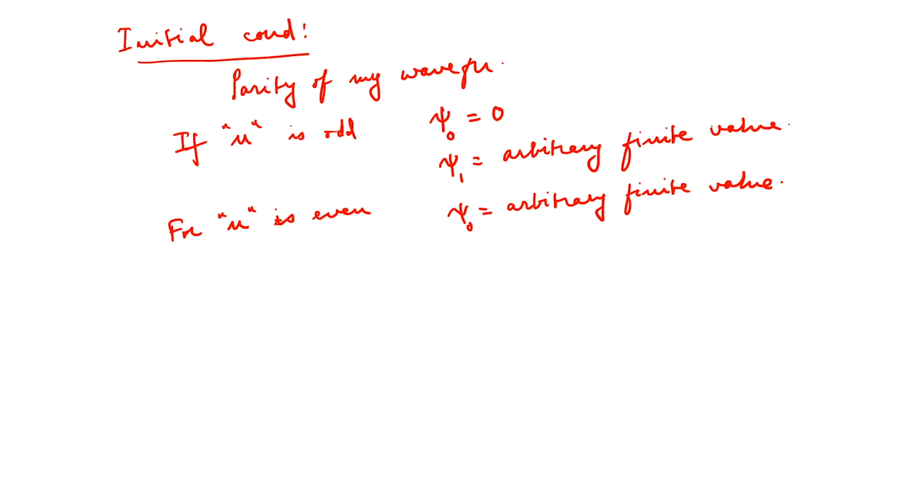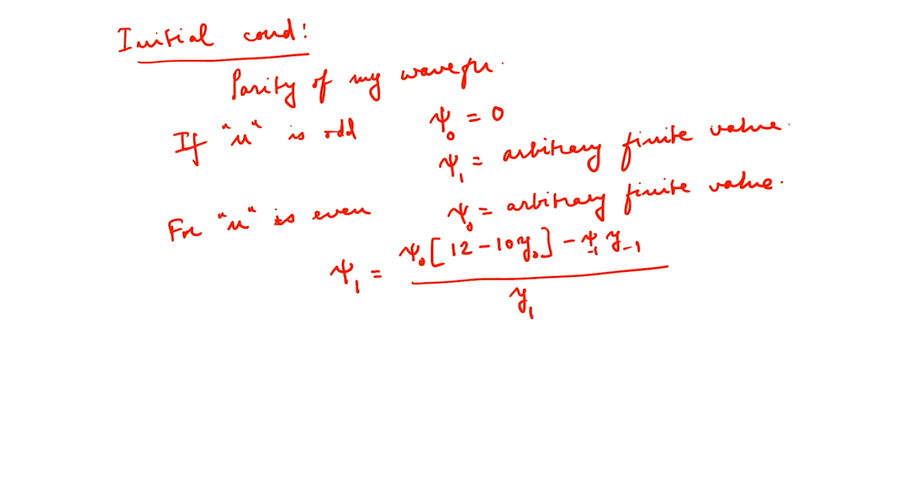And to obtain psi 1 we use the Numerov relation, that is psi 0 (12 minus 10 y 0) minus psi minus 1 y minus 1, divided by y 1.